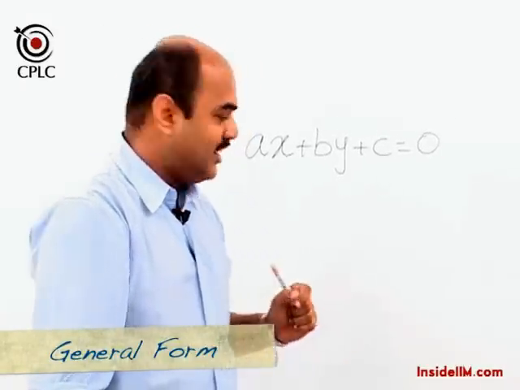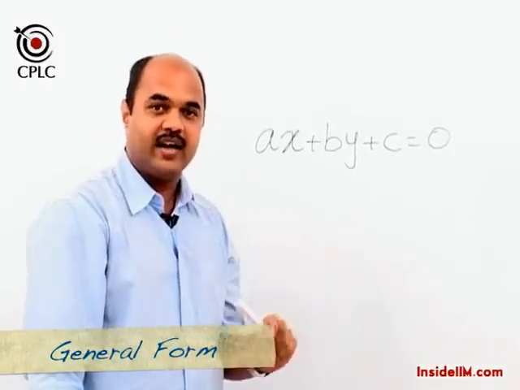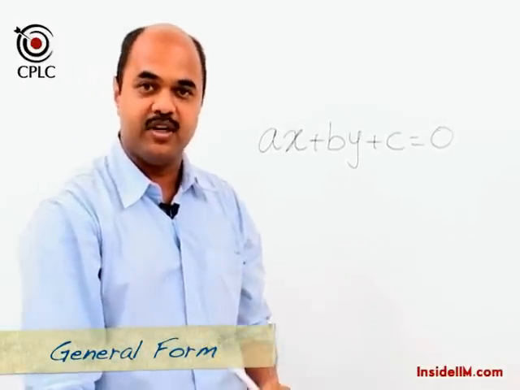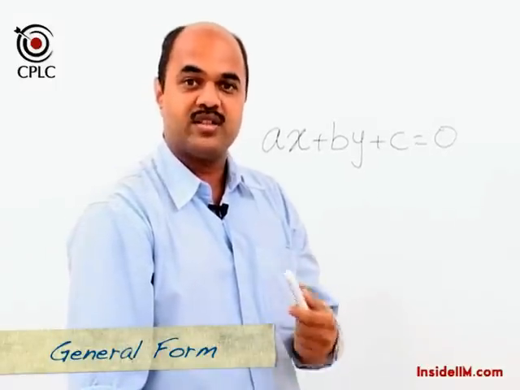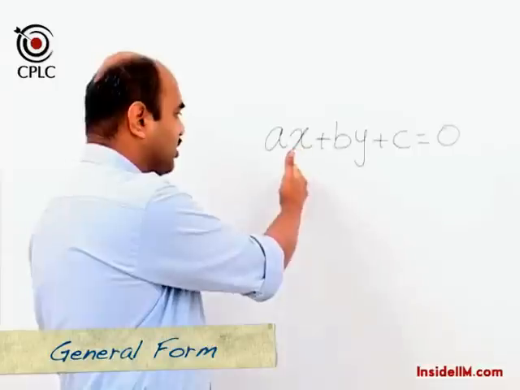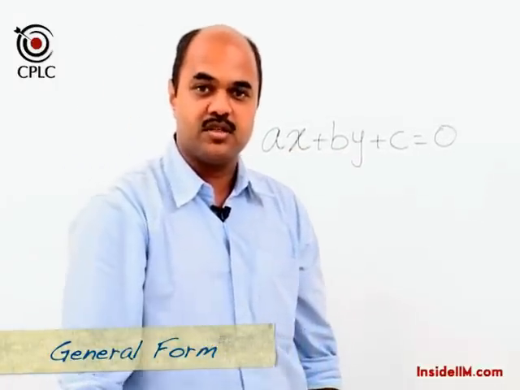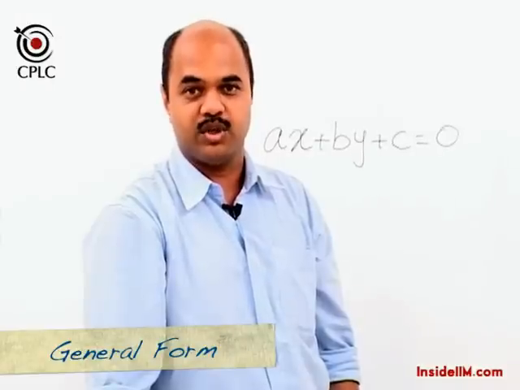So when an equation of degree 1 has only one variable, that kind of equation is called a simple equation. However, when such equations exist with more than one variable, for example here we have an equation with 2 variables, such equations are known as simultaneous equations.